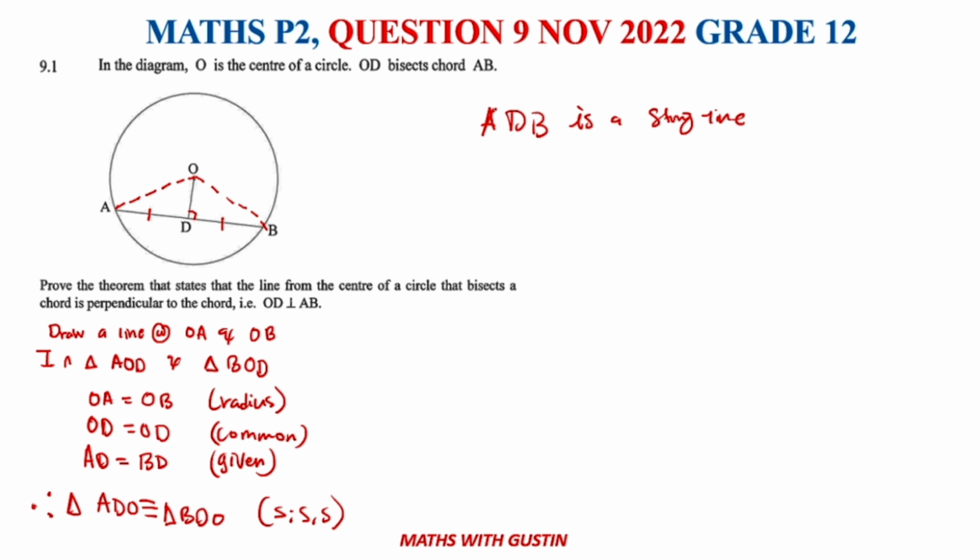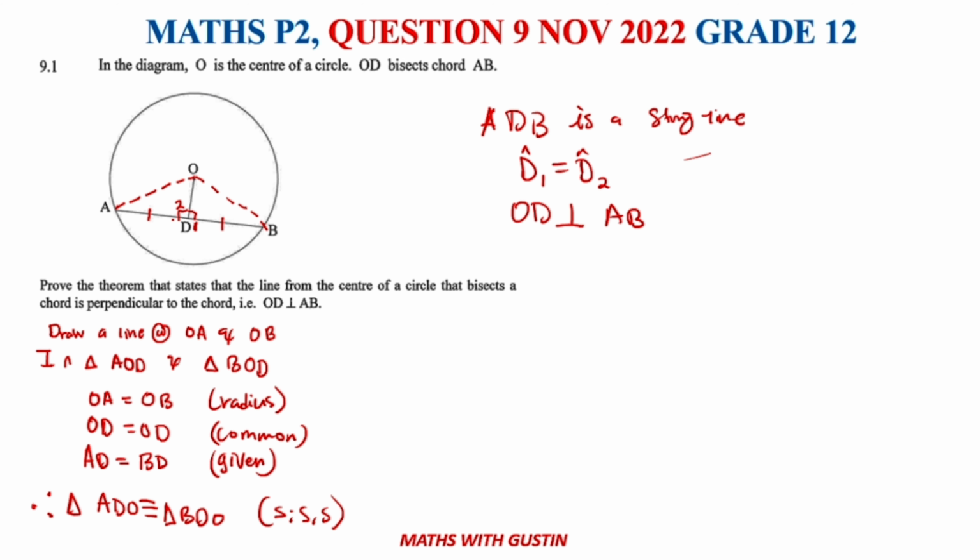If that's a straight line and a chord, therefore angle D1, which is the angle on this side, equals angle D2, the angle on the other side. Therefore, if that's the case, it means OD is perpendicular to AB, as required by this question.